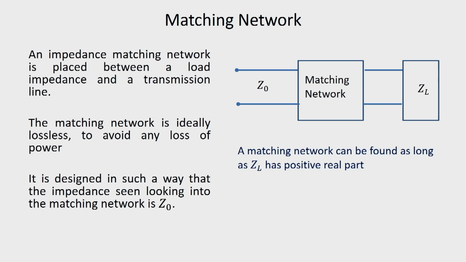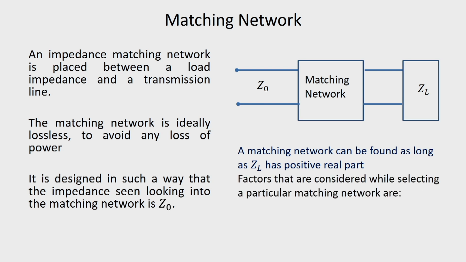A matching network can be found as long as ZL has a positive real part, and there are several factors which are taken into consideration when we design the matching network.